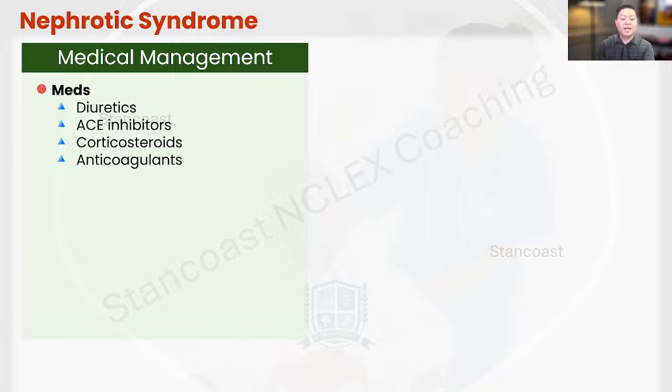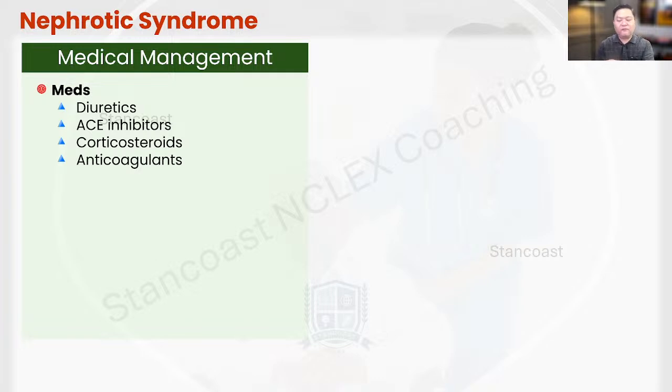All right, and so these medications will prevent the formation of blood clots and those thrombotic complications. Because again, we are talking about the possibility of PE, a stroke, deep vein thrombosis, and also renal vein thrombosis. That's why we are going to anticipate administering this medication.